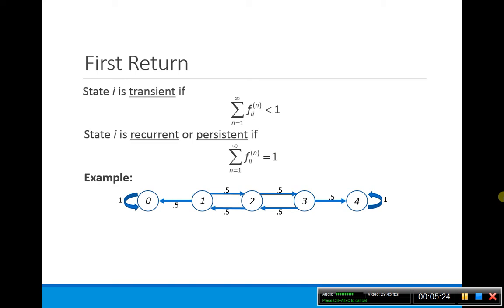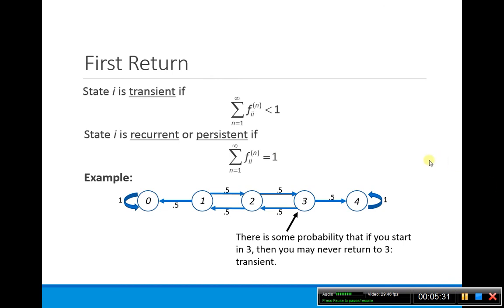Again, this is just giving you the terminology. Looking back at this example, state 3 was transient. I could go this way, back, and back, so there's a possibility of a return, but I can also leave the state and never return. Now 0 was recurrent.